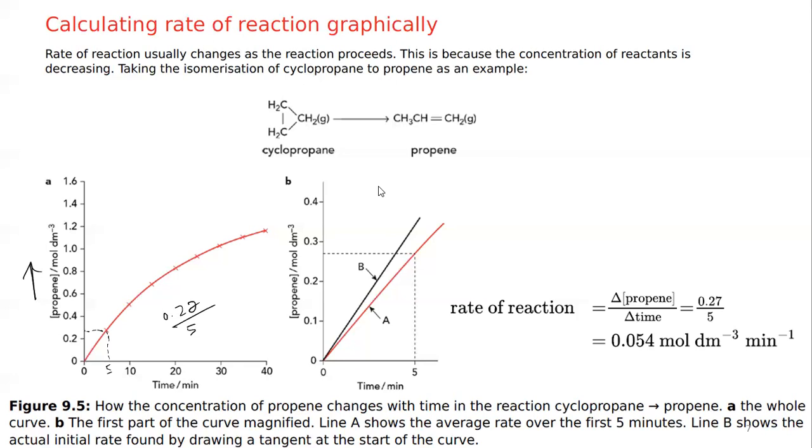For example, if you take the 10 seconds here, then you get a different number, maybe 0.552, divided by 10. Then you get 0.052.